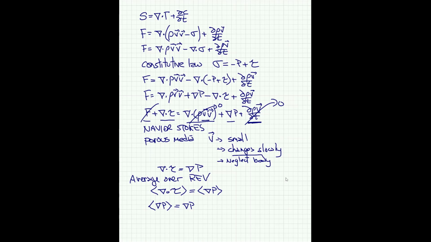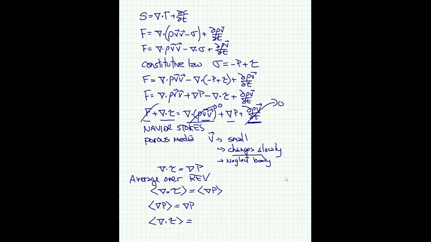Now, the term on the left side, we need to do some work with this. So here's what we'll say. The average of this, the divergence of the shear stress, is averaged over the representative elementary volume.